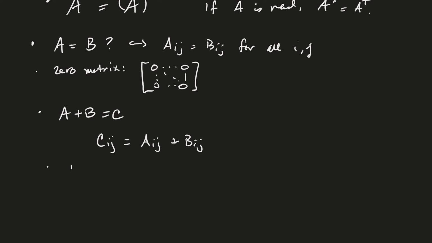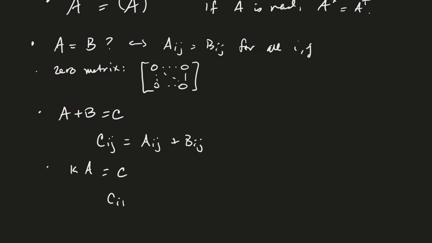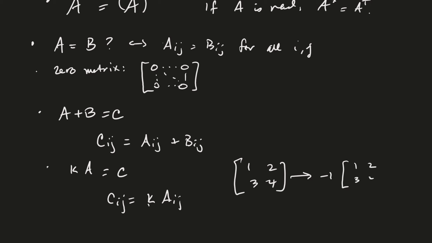How do you scalar multiply a matrix? That's also done element-wise, so the result, c_ij, is just going to be the constant a times a_ij. For example, if I have 1, 2, 3, 4 and I take minus 1 times 1, 2, 3, 4, what do I get? Minus 1, minus 2, minus 3, minus 4.